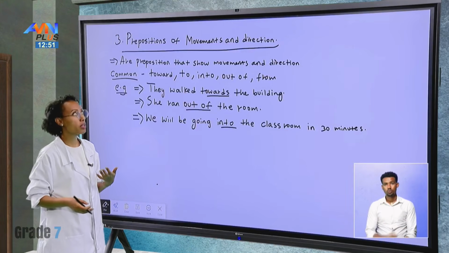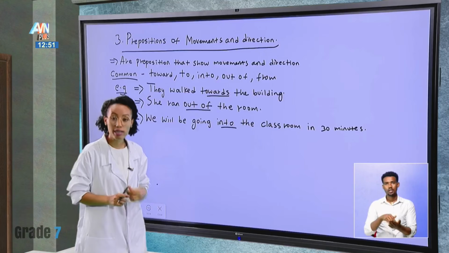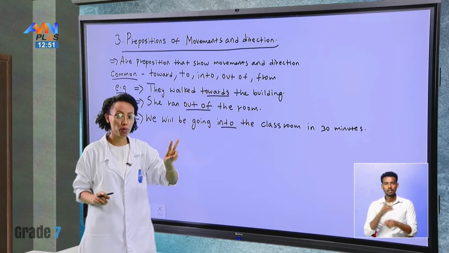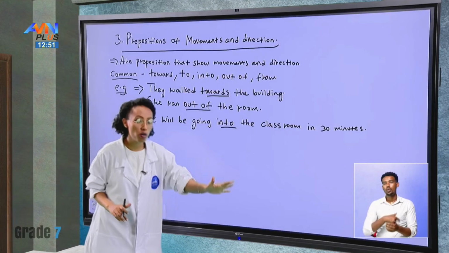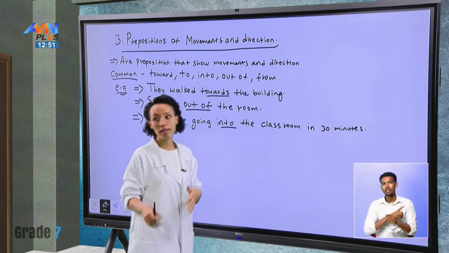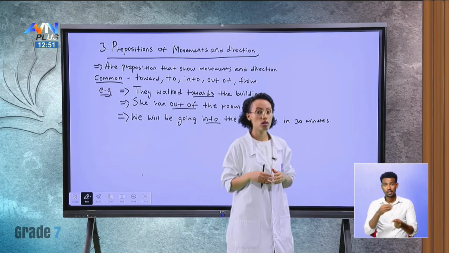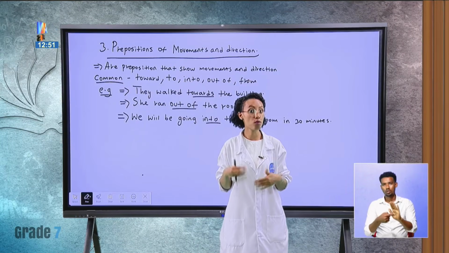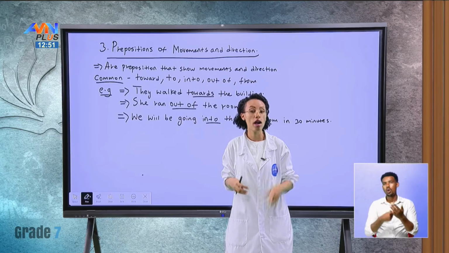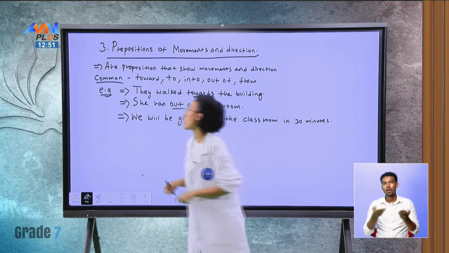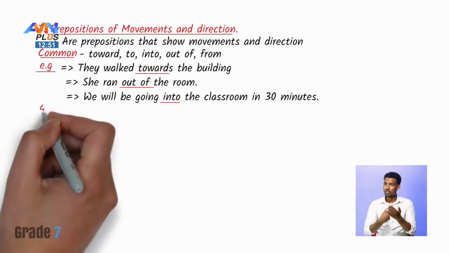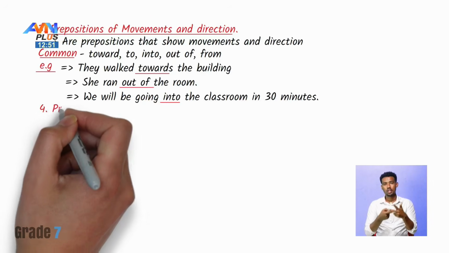So we're showing what? Again, movement and direction, both. We know where we are going to, the direction that we're headed to, and we're also showing a movement. So we're going to move and where we're going to move as well. So this is the third way of showing preposition.